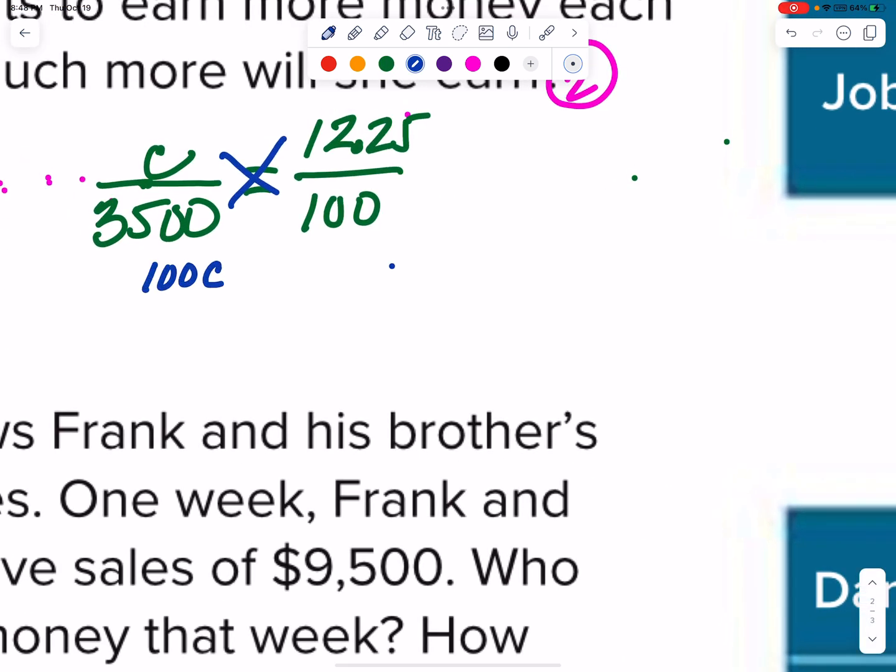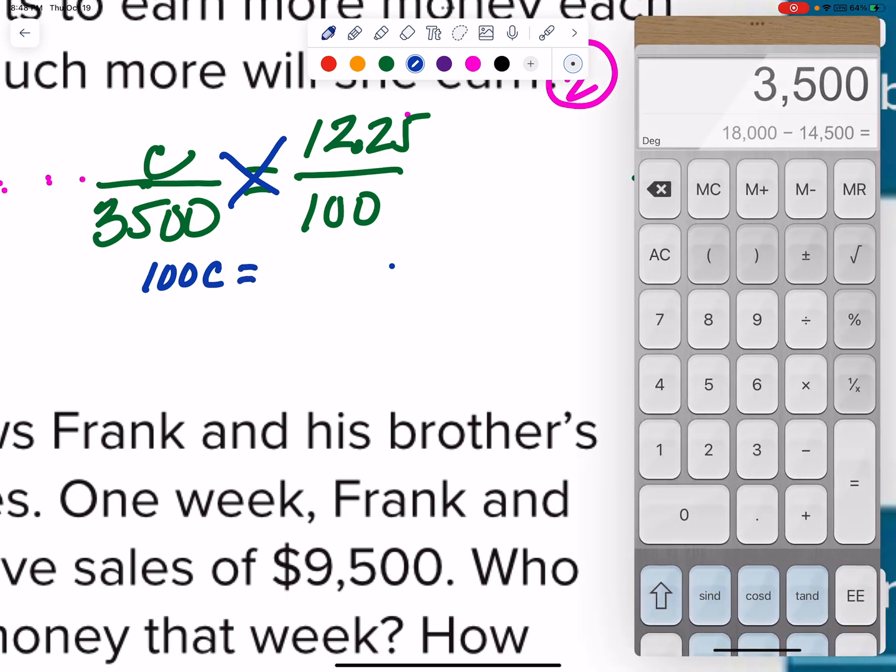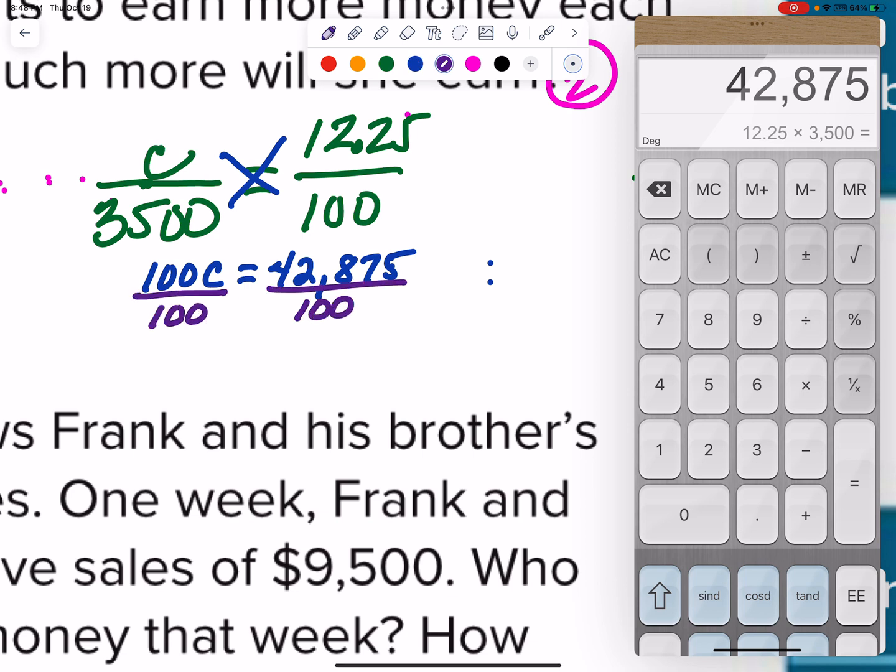We got 100C equals, and of course I know what this multiplication is without doing a calculator. It's so easy. It's just 42,875. Duh. All right, and then let's isolate your variable. Divide both sides by 100.